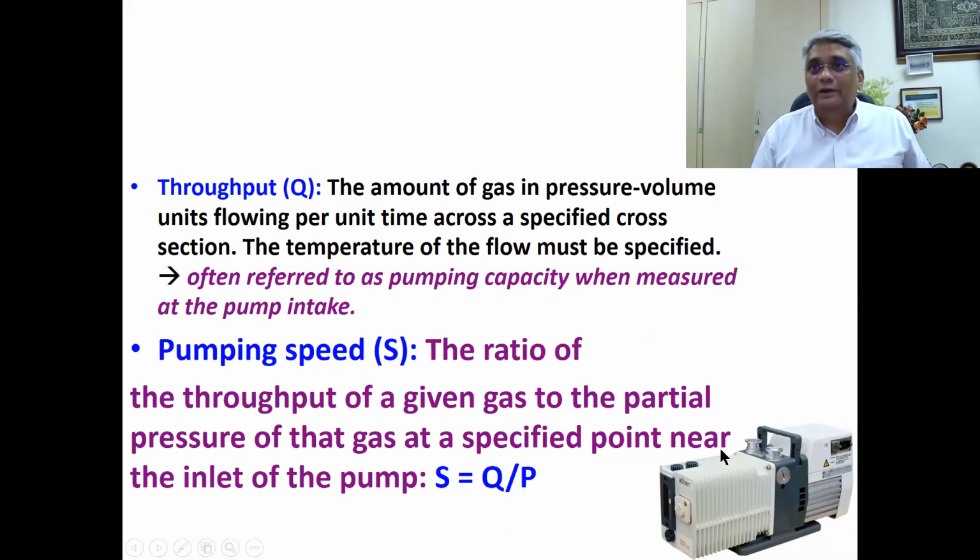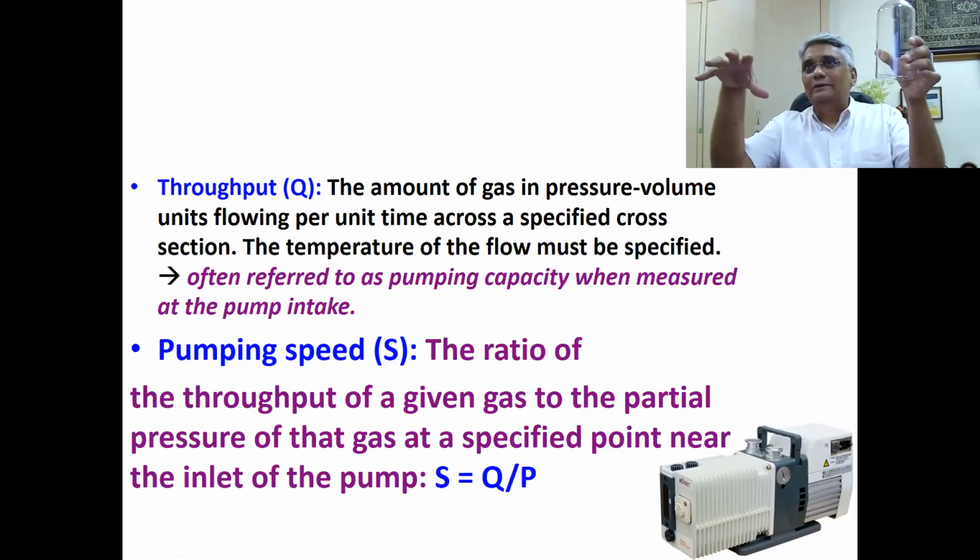Now, when we talk about the pumping speed of the pump that is shown there, it is a ratio of the throughput of a given gas to the partial pressure of that gas at a specific point in the inlet. So that's the inlet. And when we talk about the pumping speed, which is Q by P, there is a rated pumping speed for every pump, right?